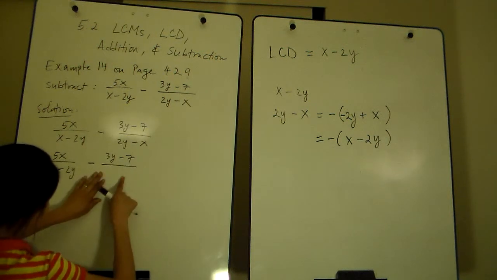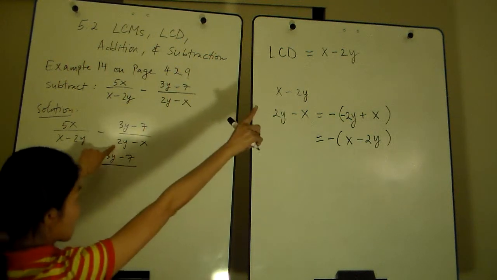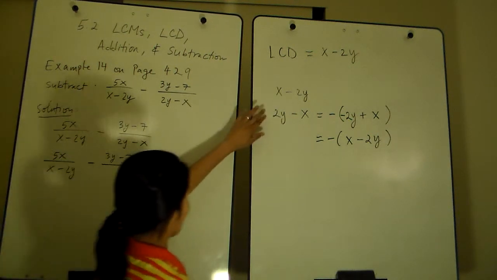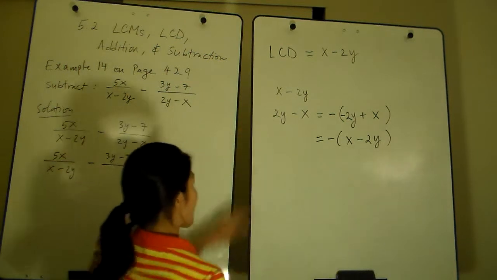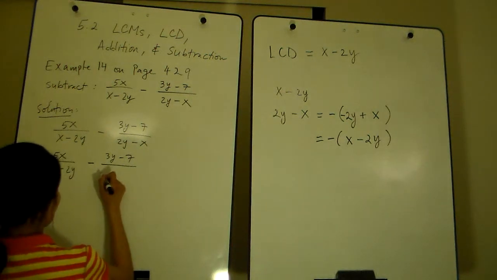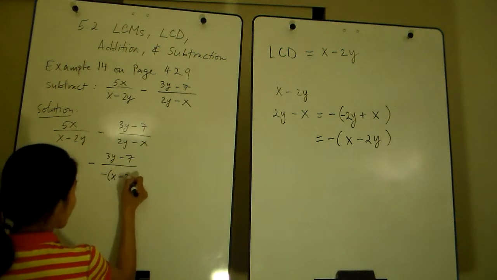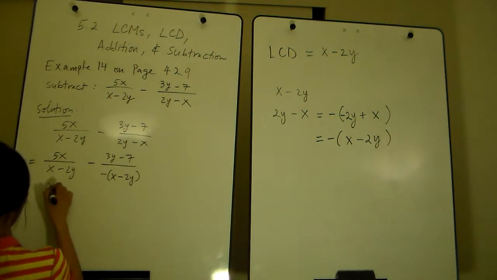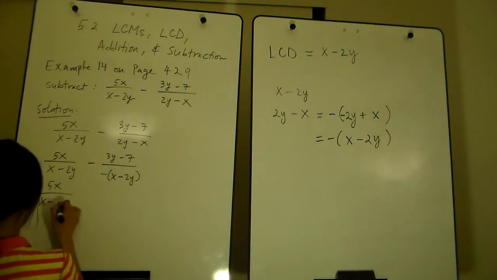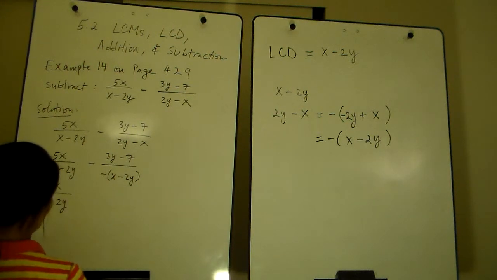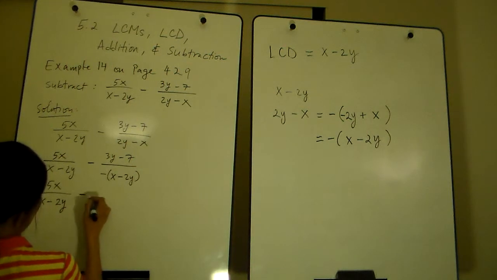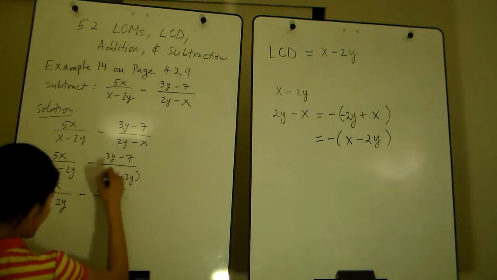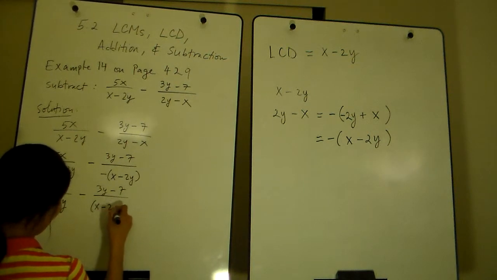For this fraction, the denominator is not the same as the LCD, okay? But let me rewrite this 2y minus x in terms of the LCD, so minus x minus 2y. Rewriting the first fraction, we still cannot combine them yet because both still have different denominators. Now, this denominator can be written as x minus 2y.